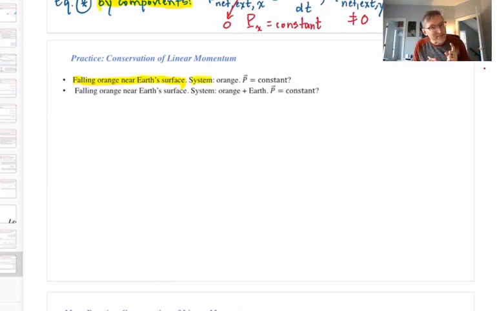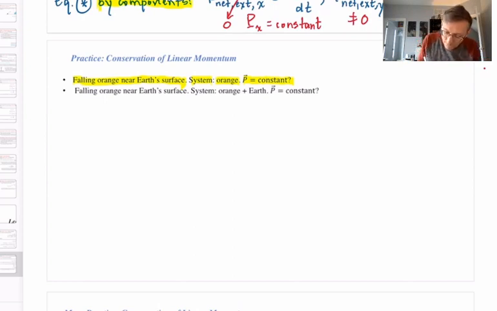That's always got to be clarified. What are you choosing as the system? Let's choose the system to be the, and only the, orange. Question. Is the total linear momentum of that system equal to a constant? Is it conserved? I'd like you to think about that question, pause the video, think about it carefully, form an answer, and then we will discuss.